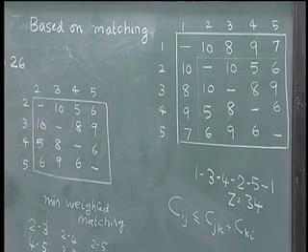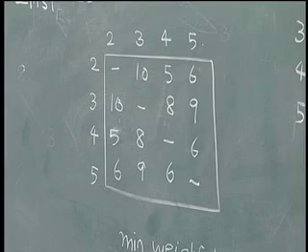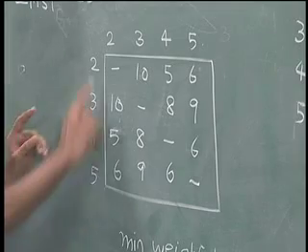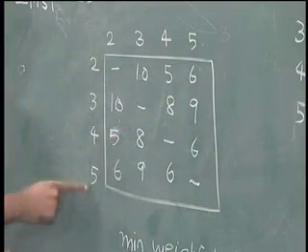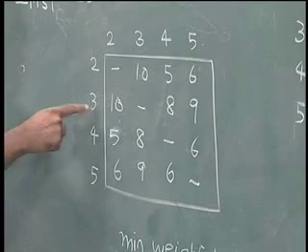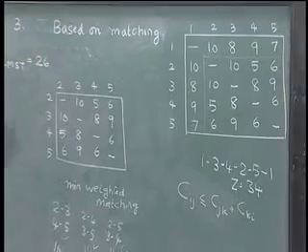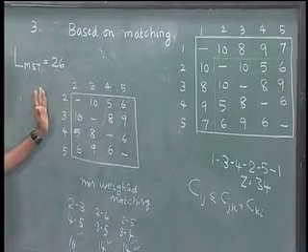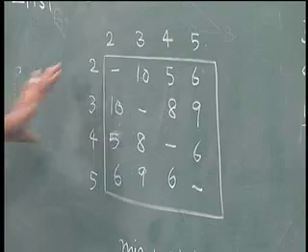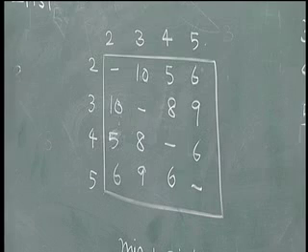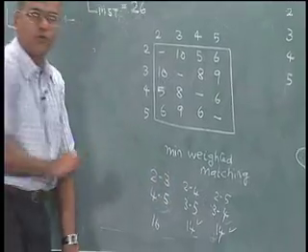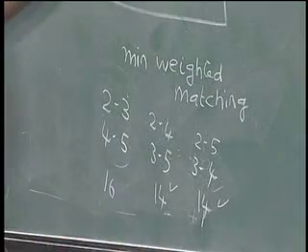What we do is we try to find what is called the minimum weighted matching. Now, this number is always an even number. It's either 4 or 6 or whatever, depending on the size of the matrix. Now, in this case it is a 4 by 4. When we have a 4 by 4 matrix, what I mean by a matching is this. Let us look at the edge 2 3 and the edge 4 5. Now there are 4 vertices.